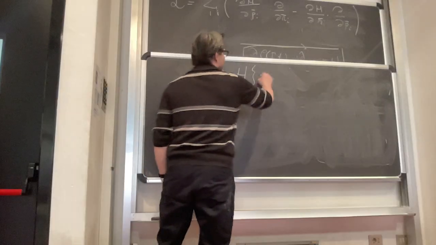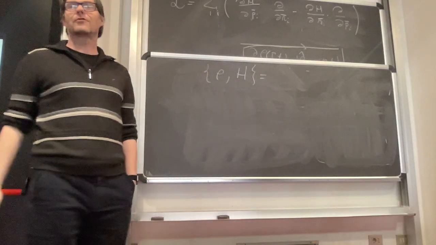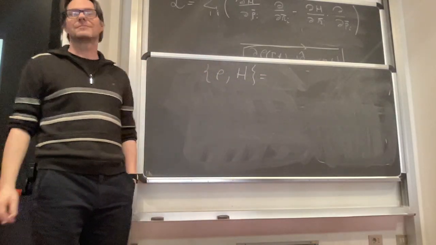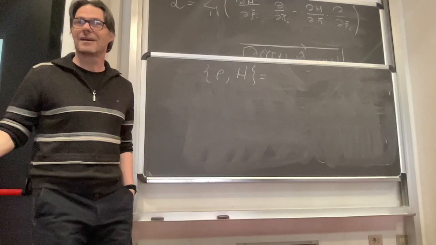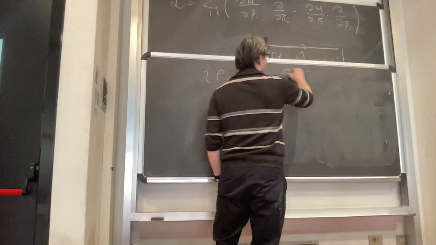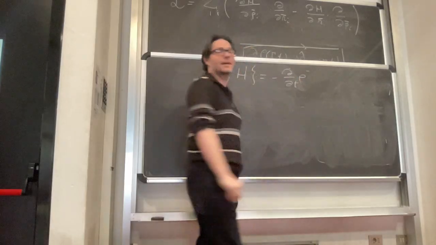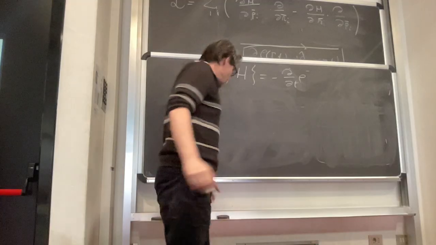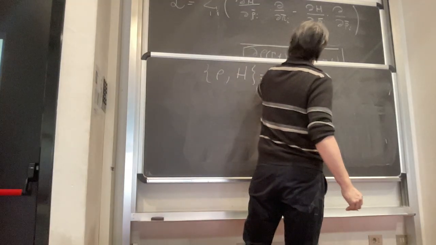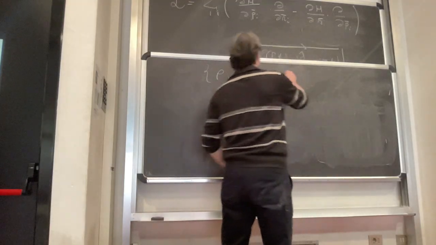And what is this value? At equilibrium, 0, because this would be the negative of the time change of the phase space distribution, right? So, 0.